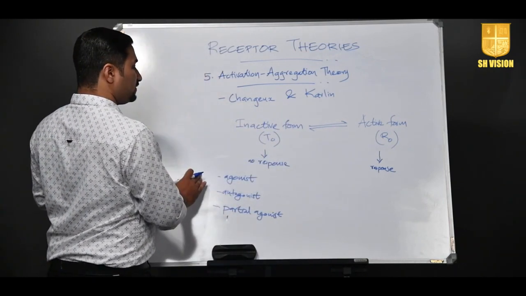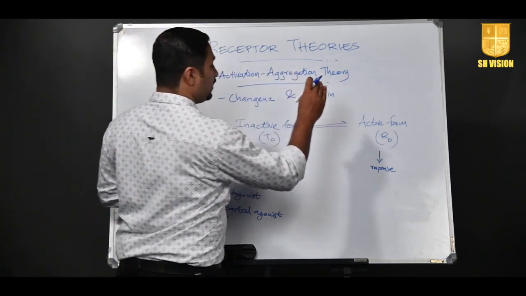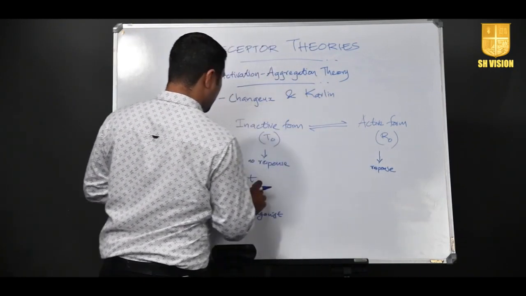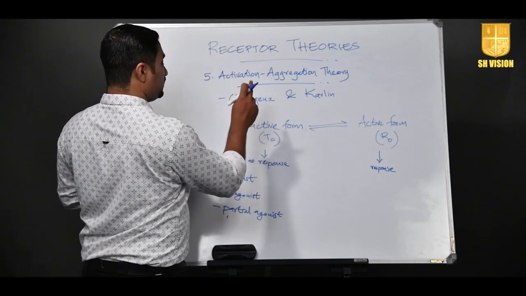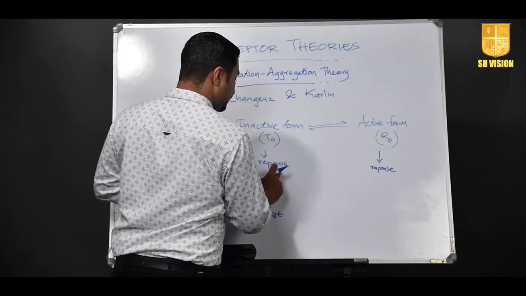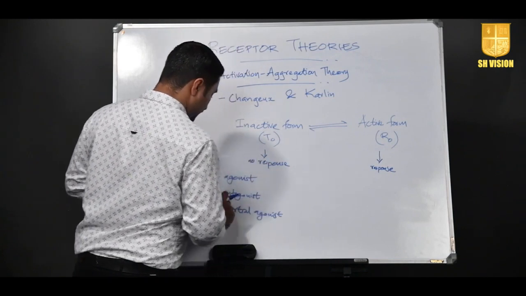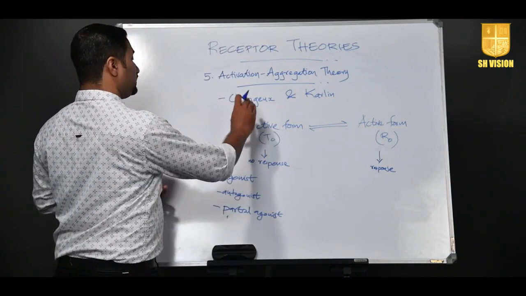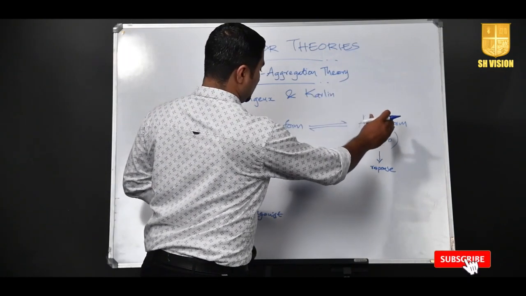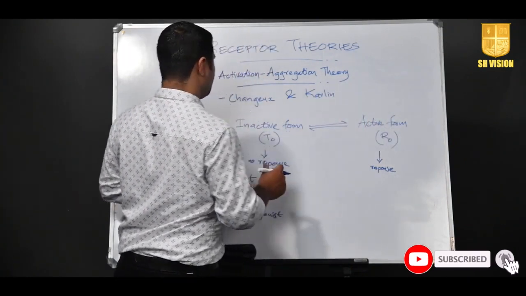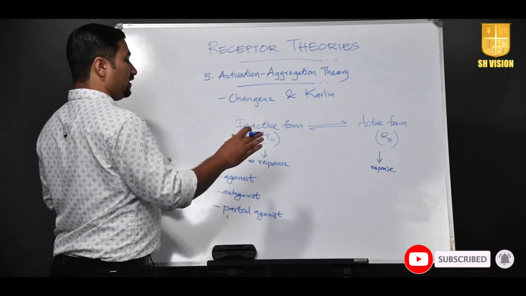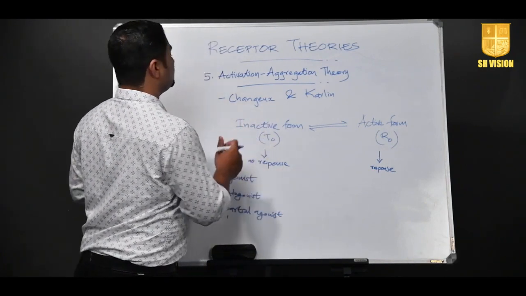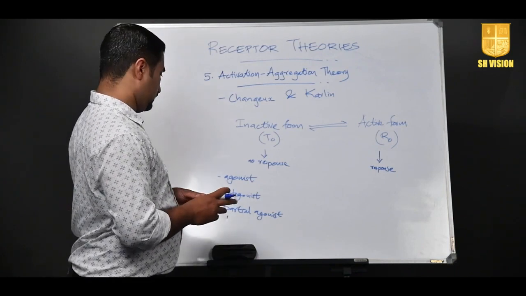For an agonist, the drug will bind to the active form and will give the response, while for an antagonist, it will bind to the inactive form and will give no response. For a partial agonist, it can bind to both the inactive form as well as the active form, thereby giving a partial response.